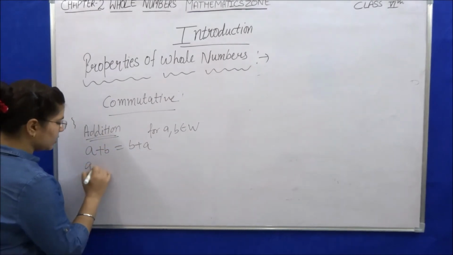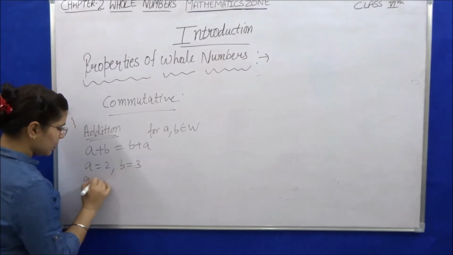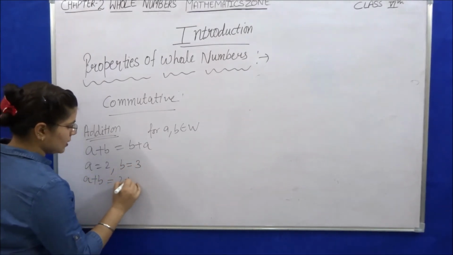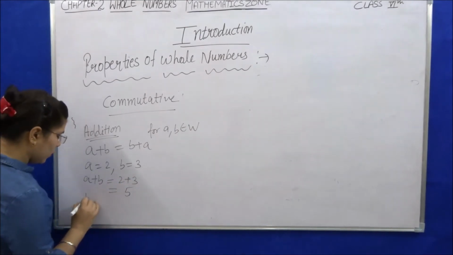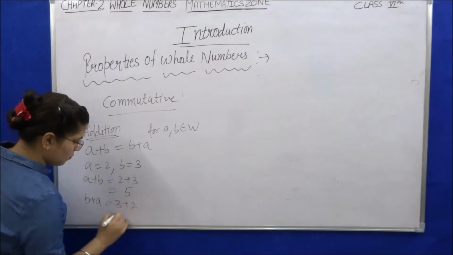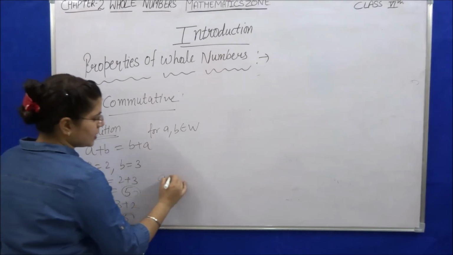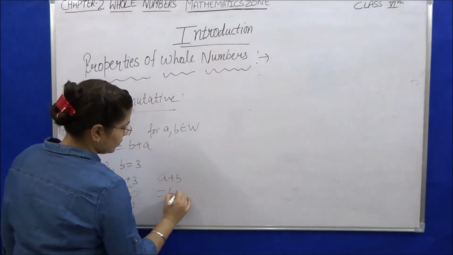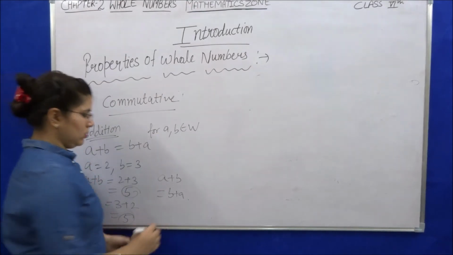Now if A is 2 and B is 3, then A plus B equals 2 plus 3, which is equal to 5. Now if we consider B plus A, that will be 3 plus 2, which is equal to 5. So 5 is equal to 5. That means A plus B equals B plus A. So under addition commutativity holds.